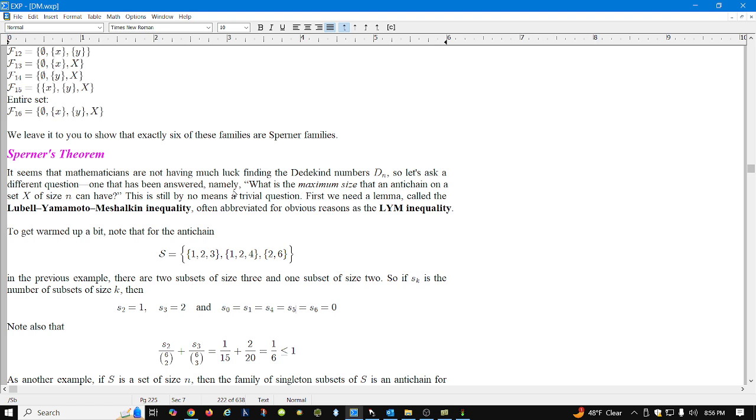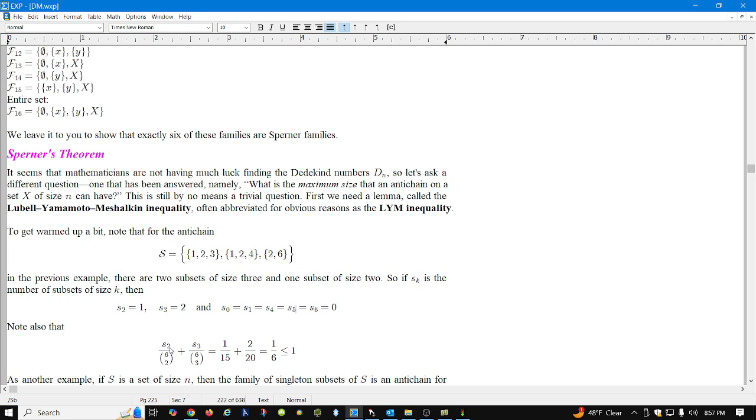So those are the S numbers, and they're relevant to the LYM inequality. So I wanted to introduce them. Now, notice something else. I can ignore the ones that are 0. If I take S2 and divide by 6, choose 2. 6 is the size of the underlying set, 1, 2, 3, 4, 5, 6.